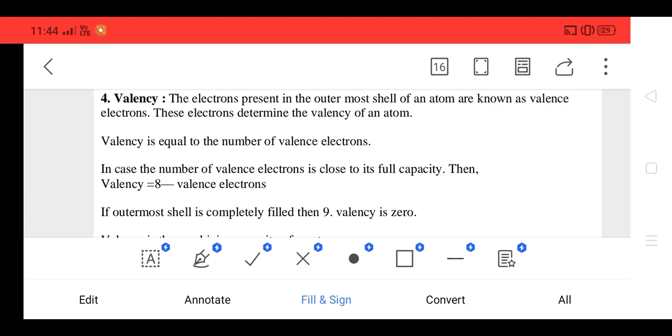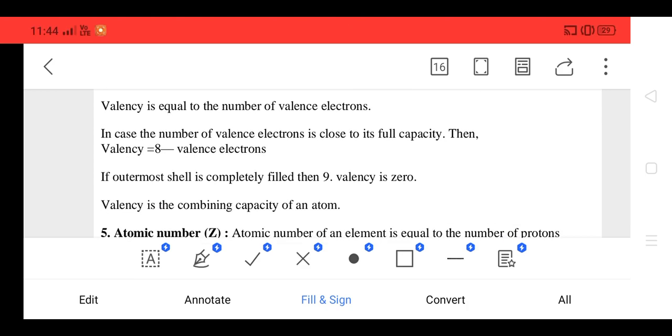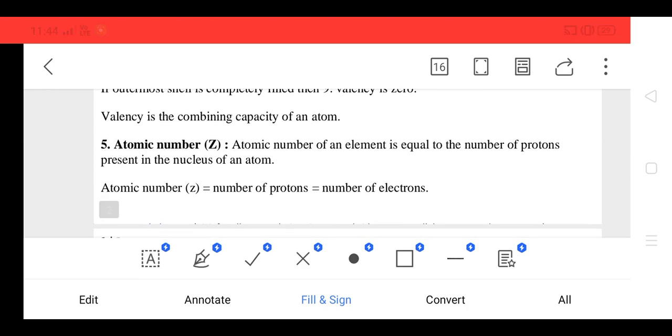In the same way, lithium 3 has the electronic configuration 1s2, 2s1. So here 2s1 is the valence electron. The number of valence electrons in the outermost shell of an atom will be 1 for lithium. This is how we calculate the valency. So valency is also called the combining capacity of the atom.